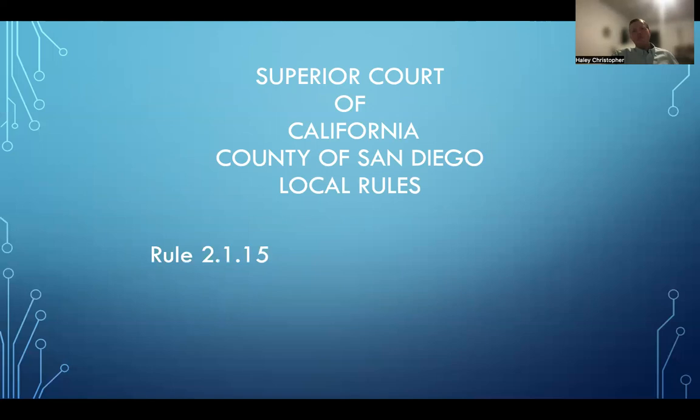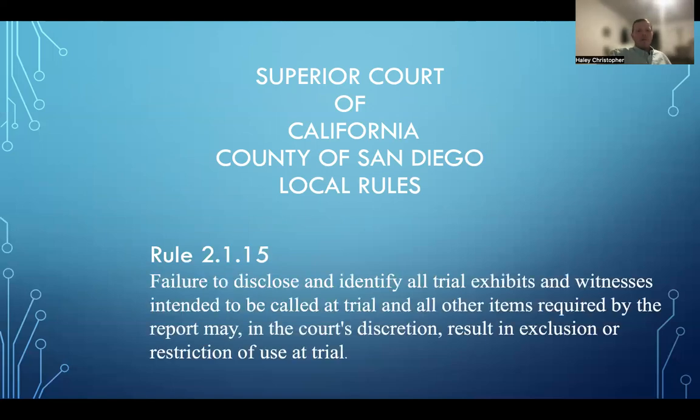So we're referring to rule 2.1.15, and the part of it that I wanted to bring up was: failure to disclose and identify all trial exhibits and witnesses intended to be called at trial and all other items required by the report may, in the court's discretion, result in exclusion or restriction of use in trial. So what this is saying basically is that if it's not included here, we're not going to be able to use it as evidence in the trial. So we have to be very careful that everything is listed.